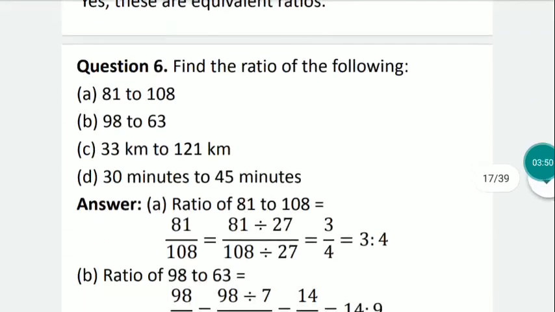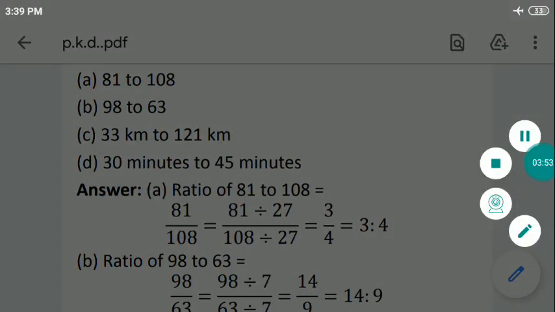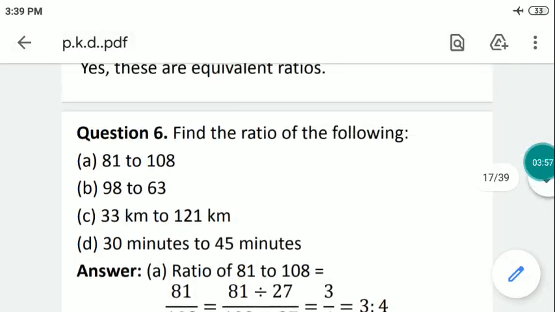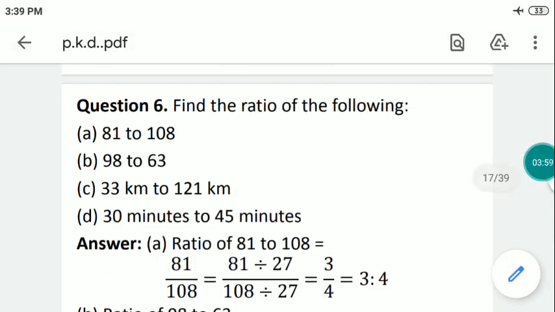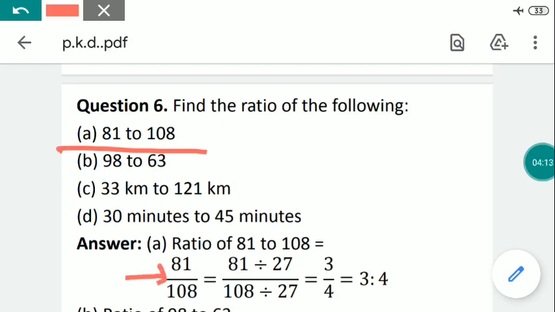Next, question 6. What is question 6? Find the ratio of the following. First, 81 to 108. So the ratio of 81 to 108, that is 81 upon 108. Now we have to find its lowest form.